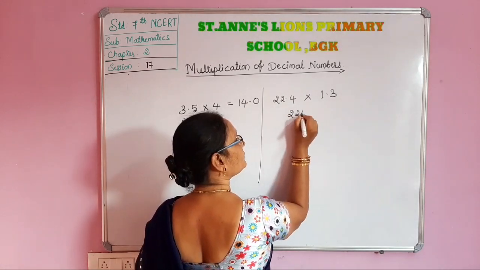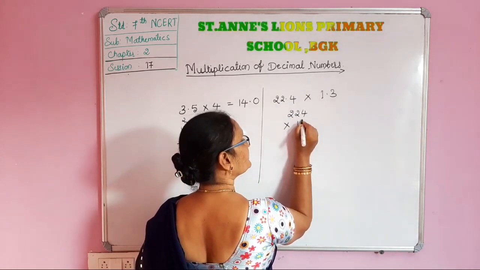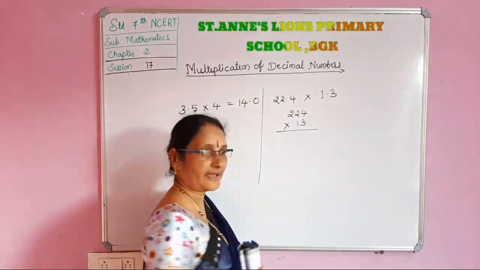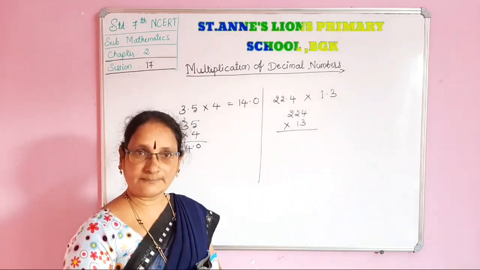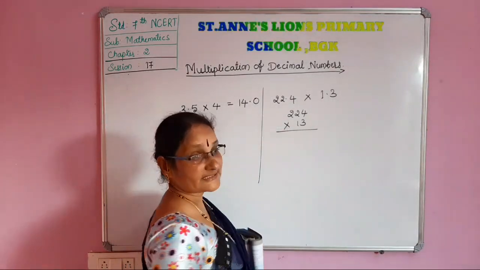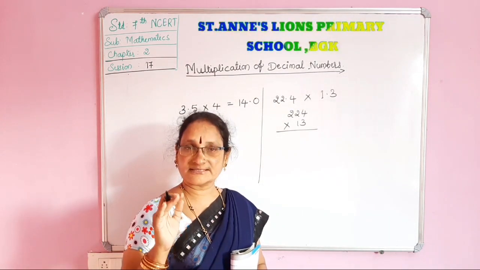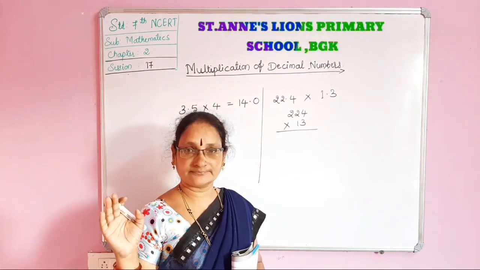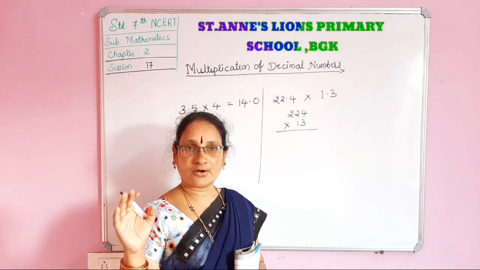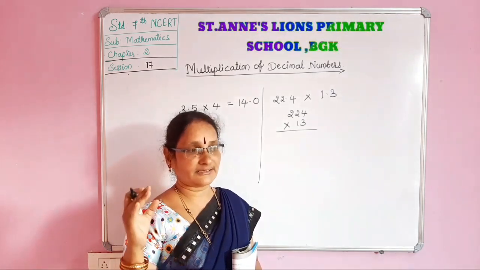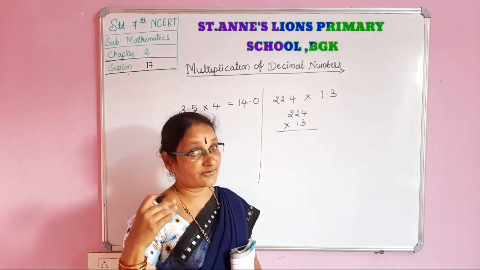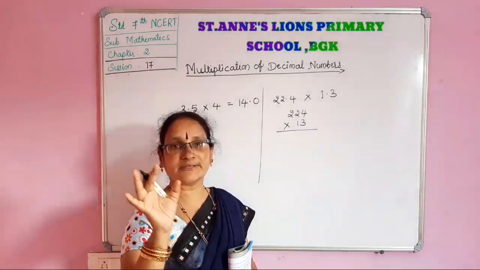Write it as 224 into 13. You know how to multiply. Here tables are important. You know maths is standing on tables only. The more perfect you are in the tables, the faster you can complete the mathematics sums.